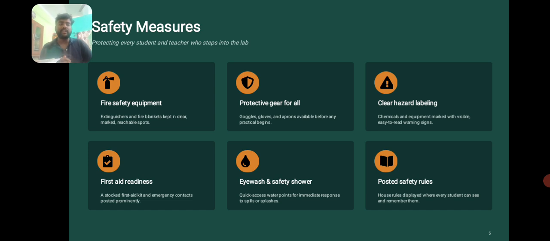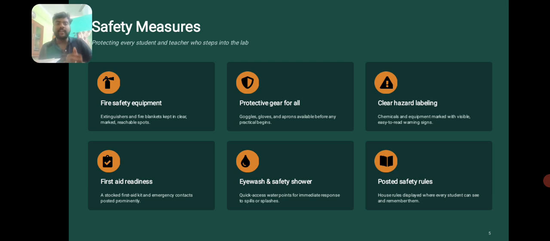Next, clear hazard labeling, as dangerous chemicals should be labeled. And first aid readiness, a fully stocked first aid kit and emergency numbers posted on the walls.